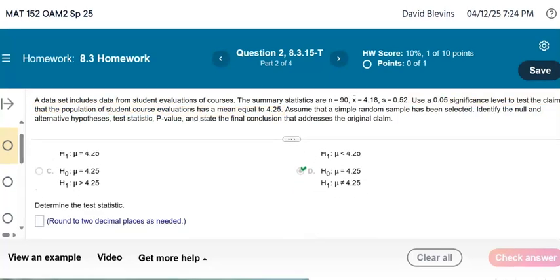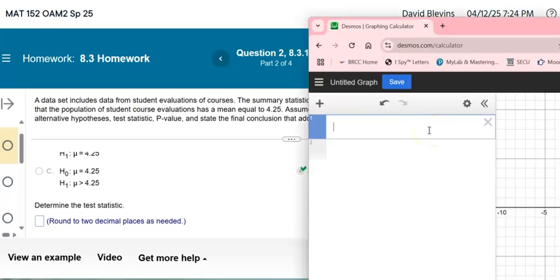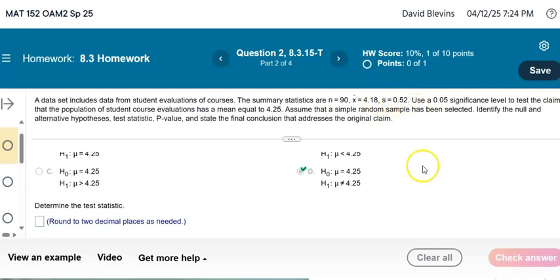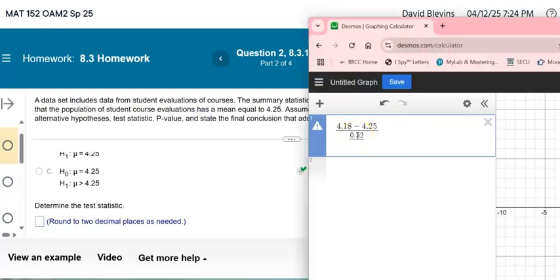And now going on to the next one, determine the test statistic. So this is where you're going to bring in Desmos. You're going to start off with division, and you want the sample mean, which is 4.18 here, and you're going to subtract the claim value of the population mean, that's this 4.25, and then you're going to divide by, you need a fraction down here, S, the sample standard deviation, which is 0.52, divided by the square root of your sample size, and our sample size is 90 here, so I'll put 90 underneath there, and there's our test statistic.